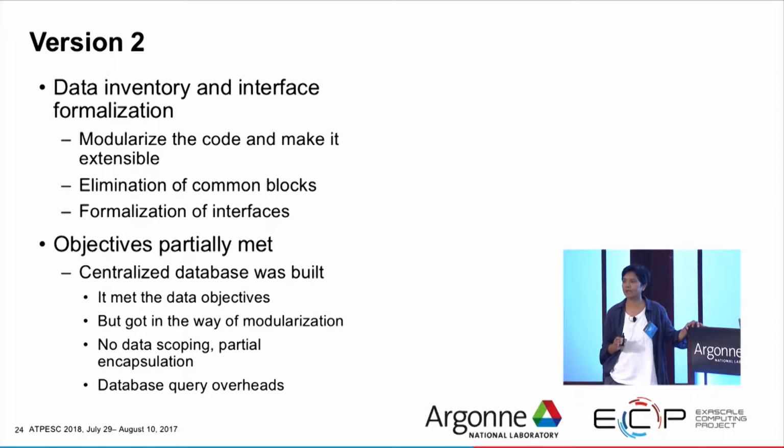It turned out to be a bad idea for many reasons, but that was the thing that was happening in codes. So you basically picked up all of these common blocks, put them in this one common database, and anybody that needed to use that data would query that database.